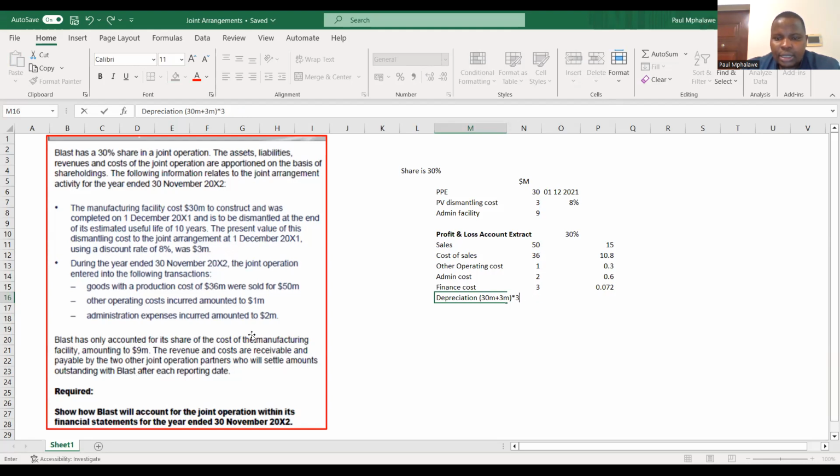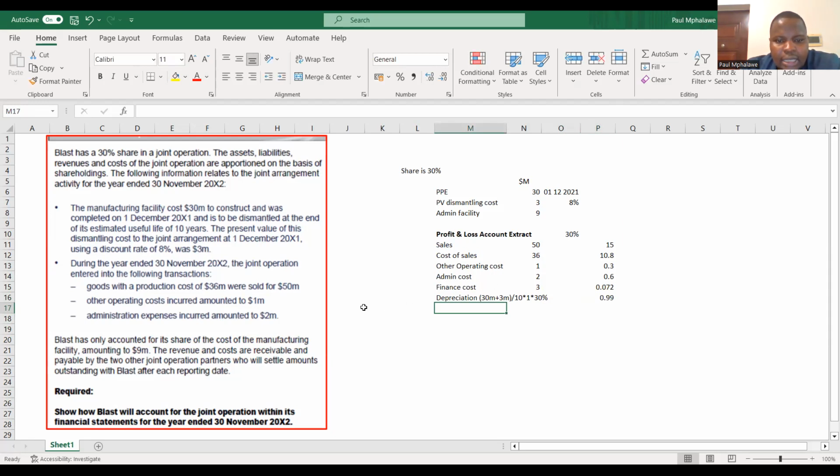Or we can say 33 million divided by 10 years times 1 year for 20x2 times 30% for the element of the share. So, open bracket, 30 plus 3, divide by 10 years times 1 year, times a share of operation, that is 30%. You need to think fast with these things. That is 0.99.